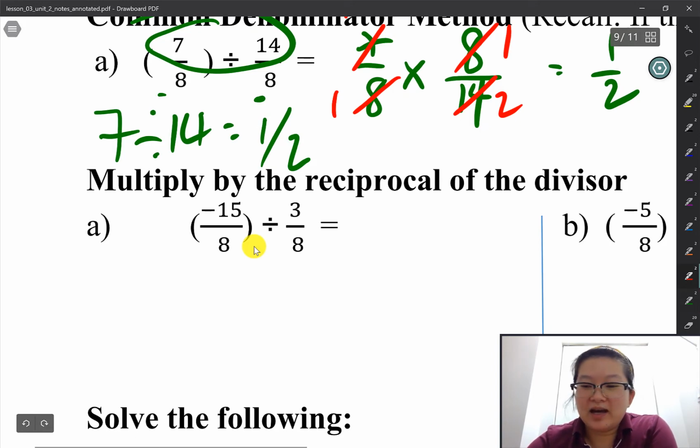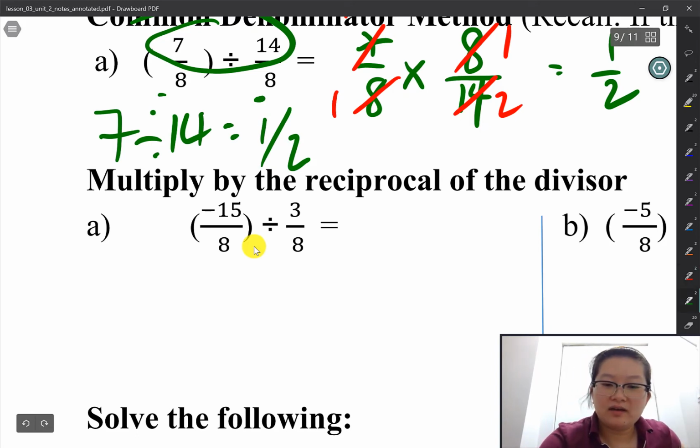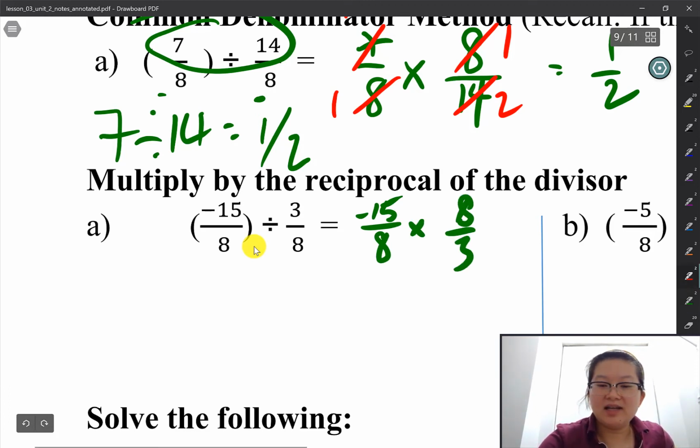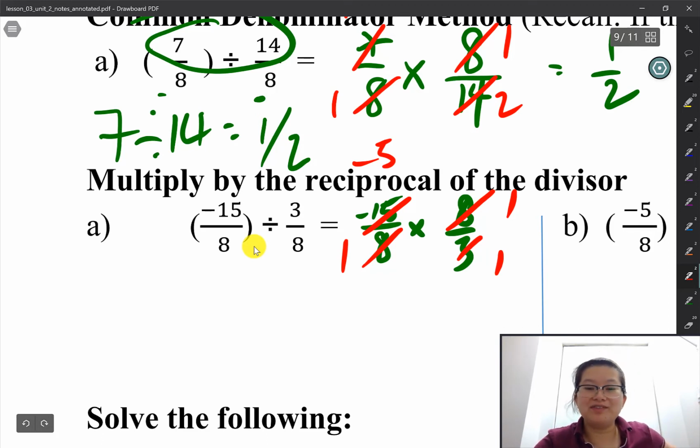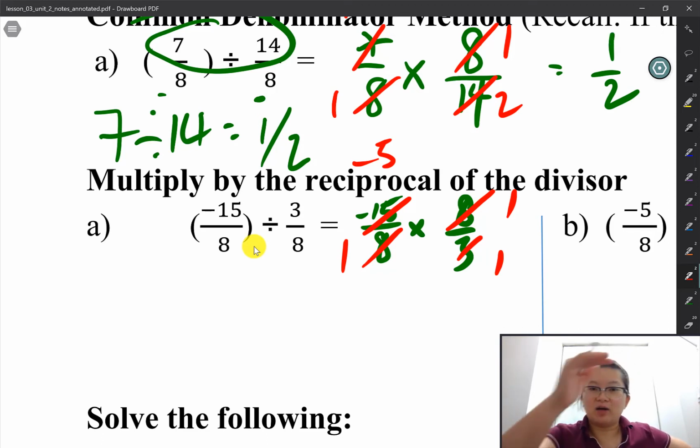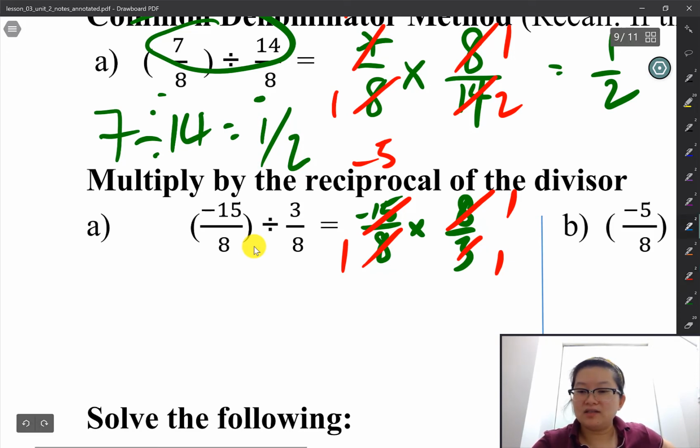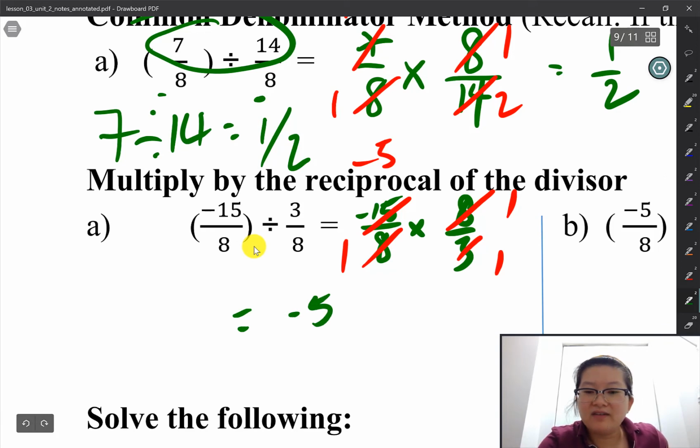So again, I recommend multiplying by the reciprocal, because you'll notice that the 8s will cancel, and this 3 is going to become a 1, this 15 is going to become negative 5 if we divide both the top and bottom by 5. So this is ultimately going to give us negative 5. Negative 5 times 1 is still negative 5.